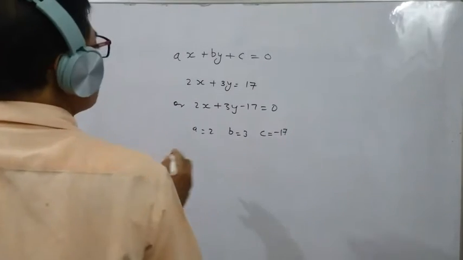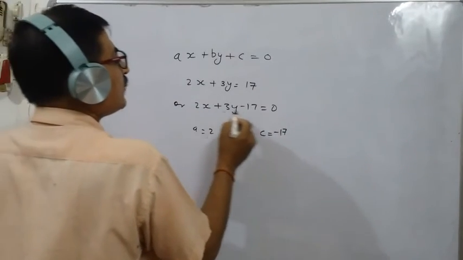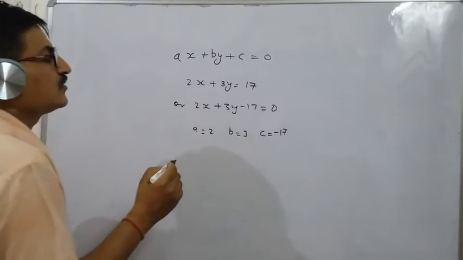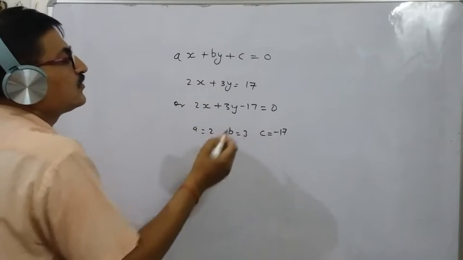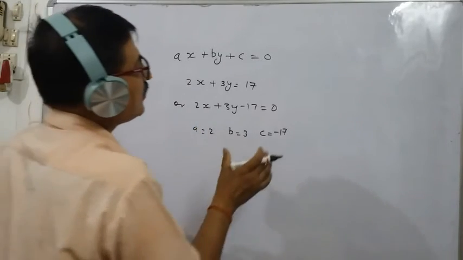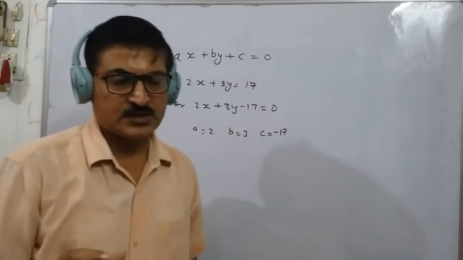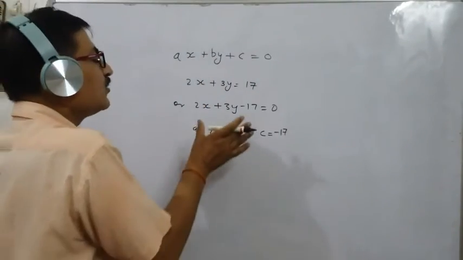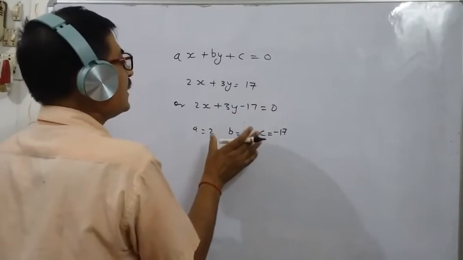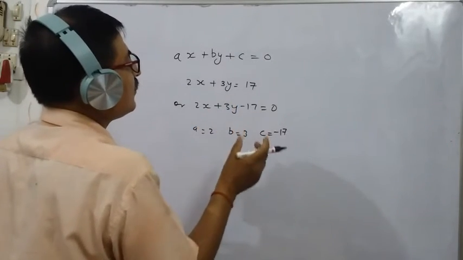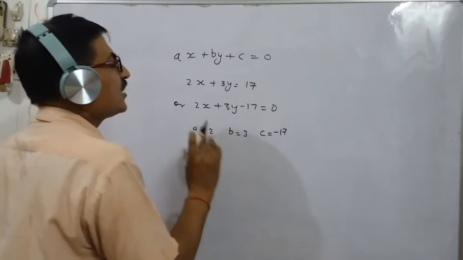If you take only one linear equation of two variables, you will get infinitely many solutions. But if you want only one solution, then you need a pair of linear equations.